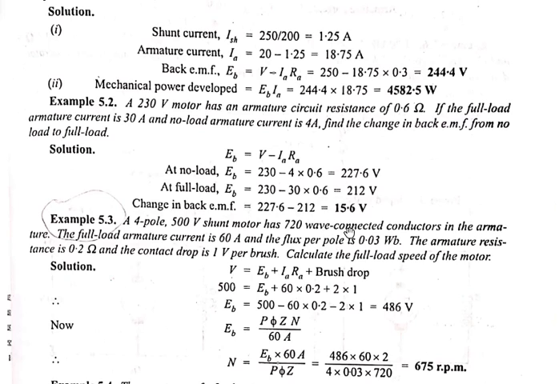A, it is a wave connected, so A is equal to 2. And if you rewrite this equation as N is equal to EB into 60 into A divided by P phi Z and substitute all the values and do the calculation, we get the speed as 675 RPM.